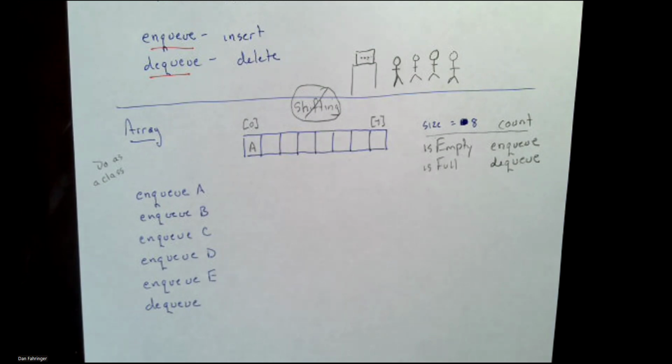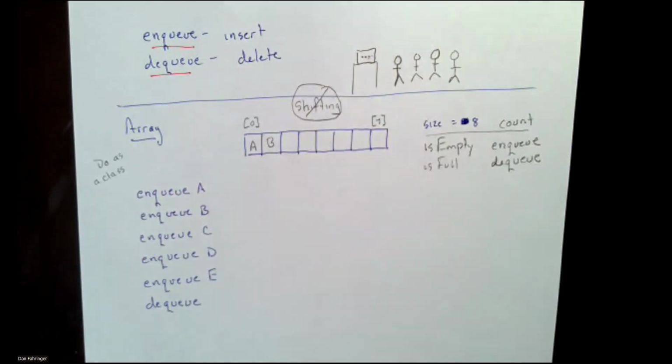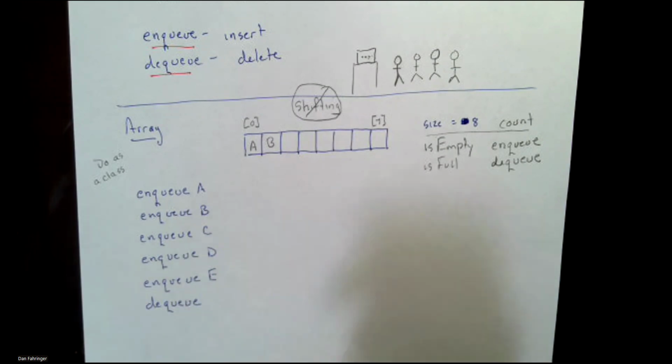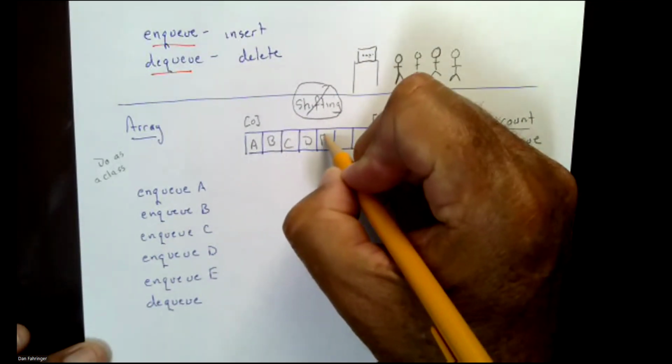It'd be element 1. So you want to put this at element 1. What about C? Element 2. Yeah, okay.